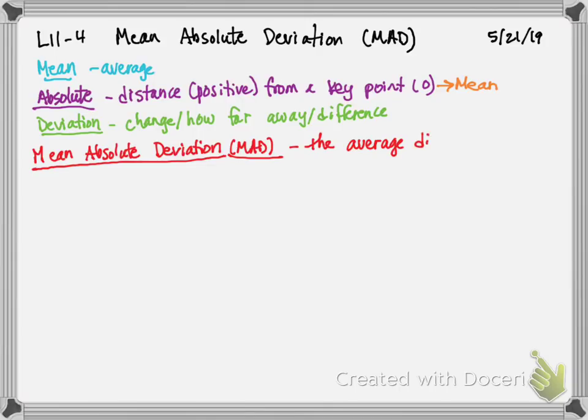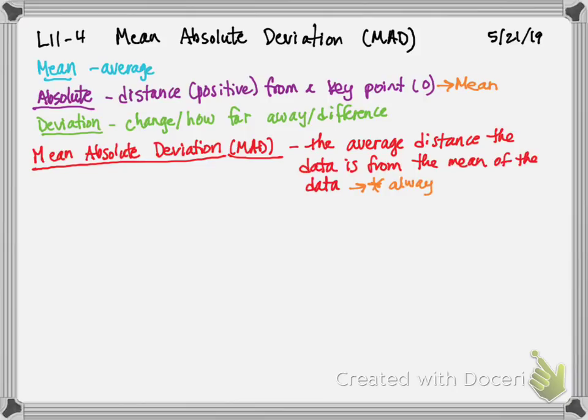The average distance the data is from the mean of the data. So we're always comparing back to the data. How far away is each number from the mean? Okay, so again, remember this, it's always positive. That's what absolute, like absolute value, means: always positive.